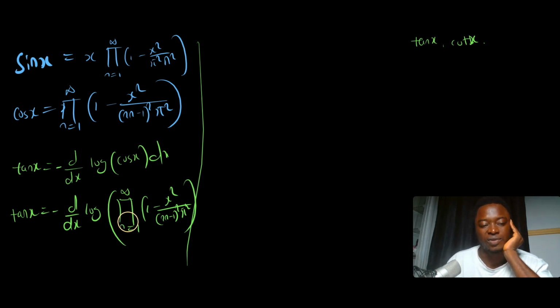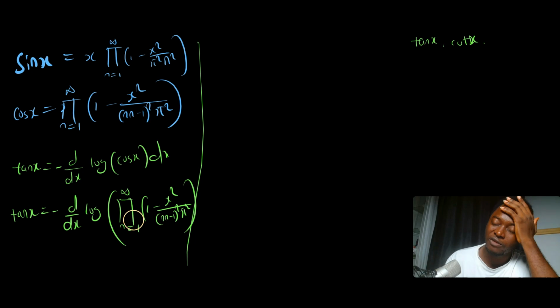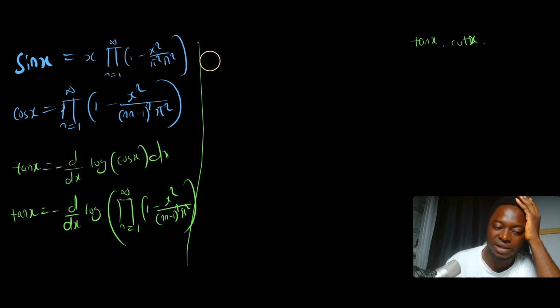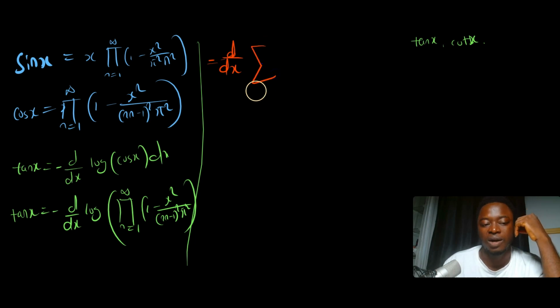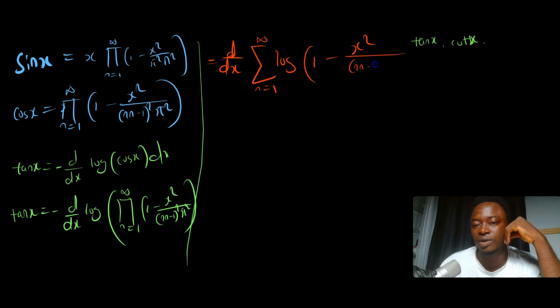Next, how do we take the derivative? Well, the logarithm of a product is the sum of those logarithms. So this is going to equal negative times the derivative with respect to x of the sum as n runs from 1 to infinity of the logarithm of 1 minus x squared divided by (2n minus 1) squared pi squared.